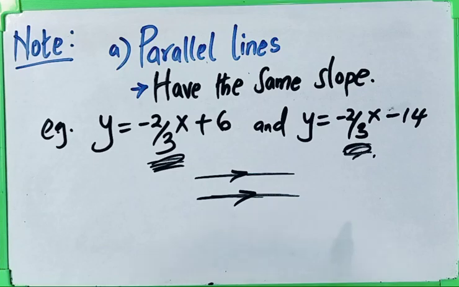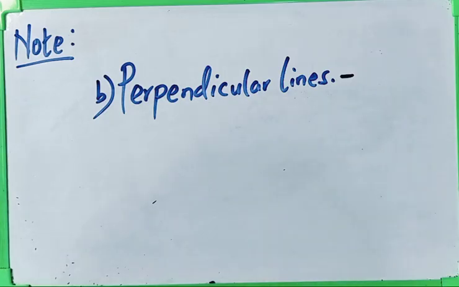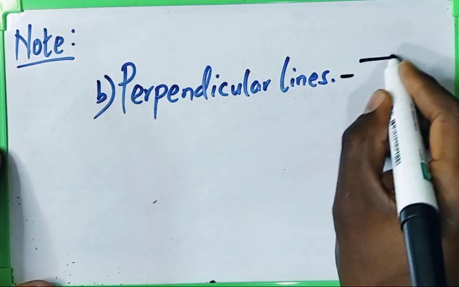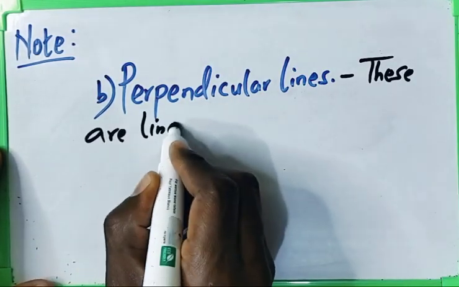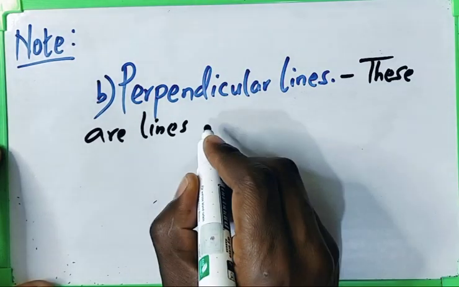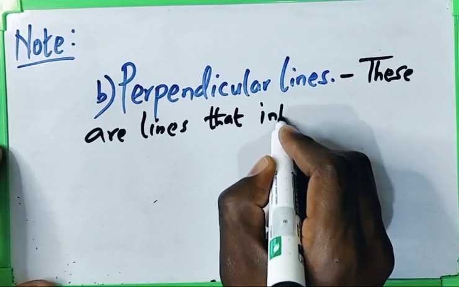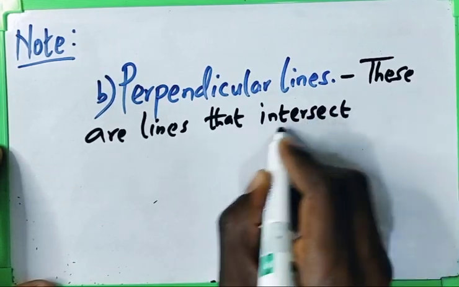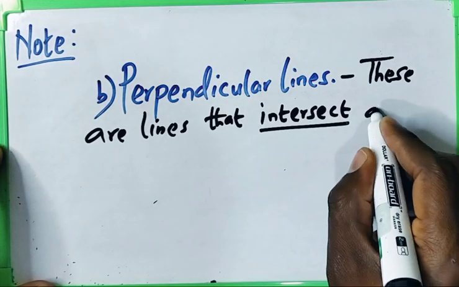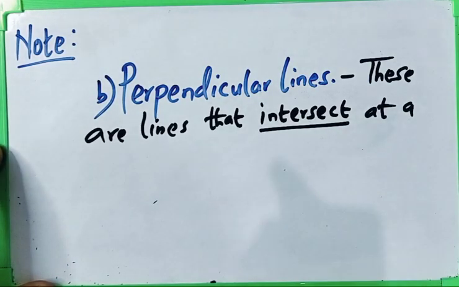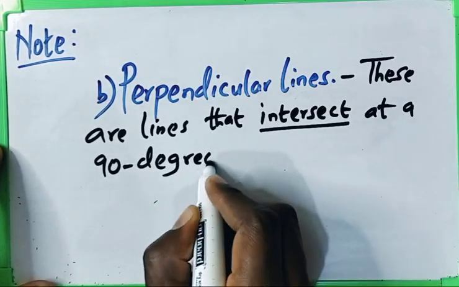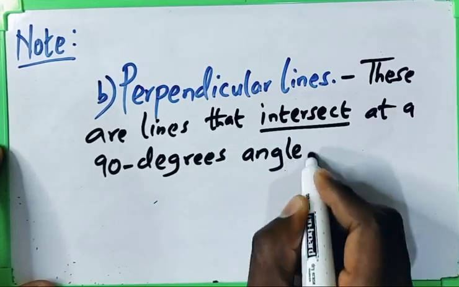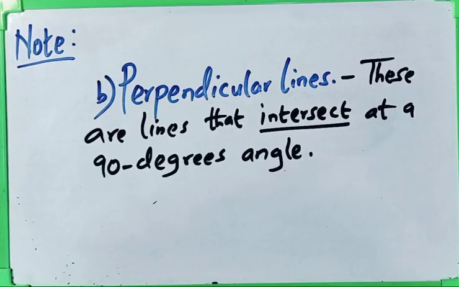What about perpendicular lines? Perpendicular lines are lines that meet or intersect at a 90 degree angle.